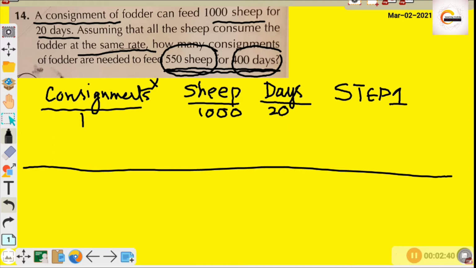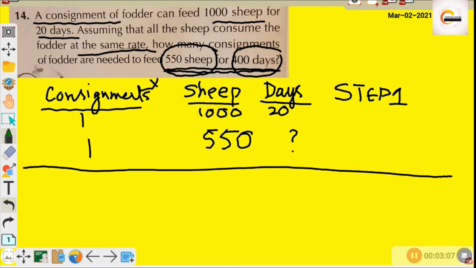So if one consignment can feed 1,000 sheep in 20 days, we will have to know how many days are required for 550 sheep to consume this one consignment. So I'm keeping this consignment constant.